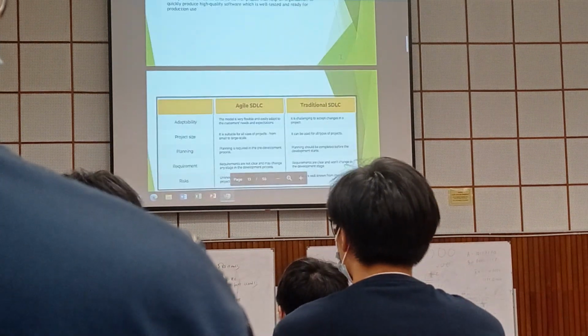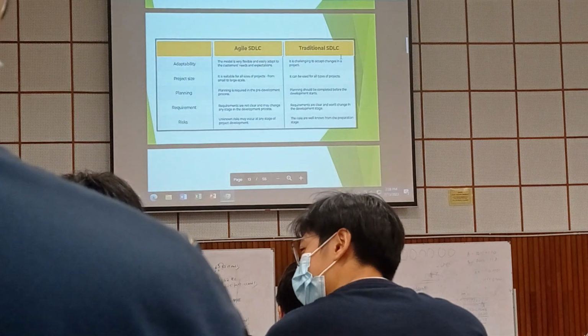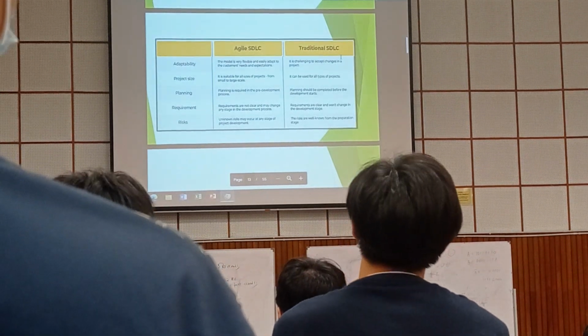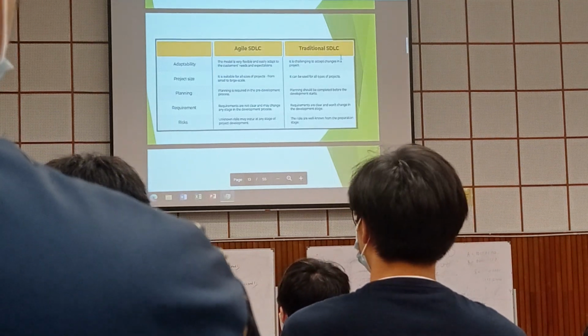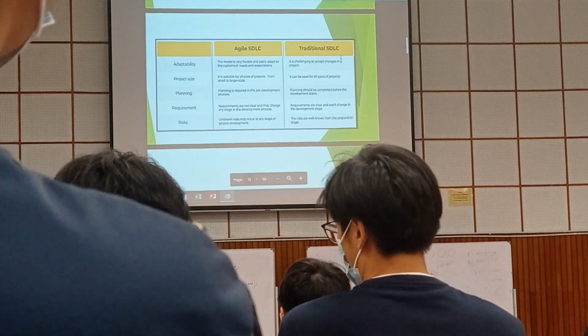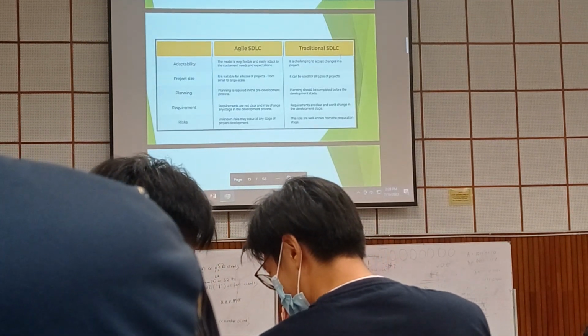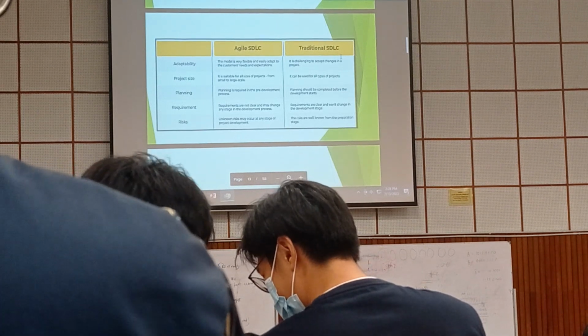When you look at this comparison table, we basically have agile and traditional. The waterfall is a very old version, and now people are moving to agile. So why are people moving from traditional to agile? What is the difference?